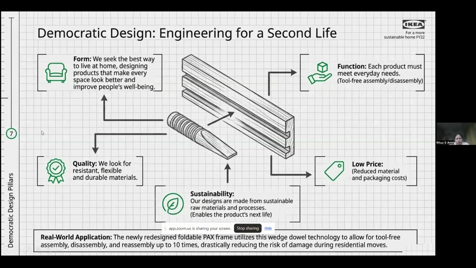So just a diagram to show how they work in terms of designing, so that when the furniture comes in different parts, it should be easy for a person to assemble and disassemble by themselves. And yeah, the idea is to increase the longevity of the use of the furniture.